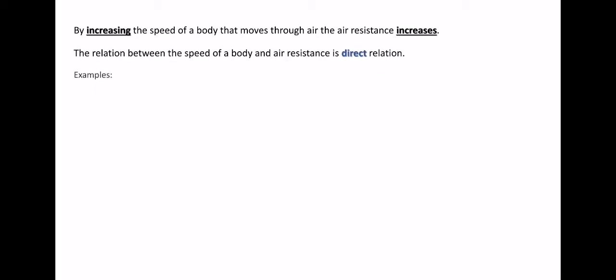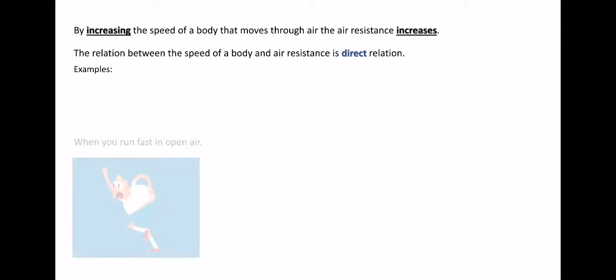So the relation between the speed of a body and the air resistance is a direct relation. What is the meaning of direct relation? It means by increasing the speed, the air resistance increases, or by decreasing the speed, the air resistance also decreases.